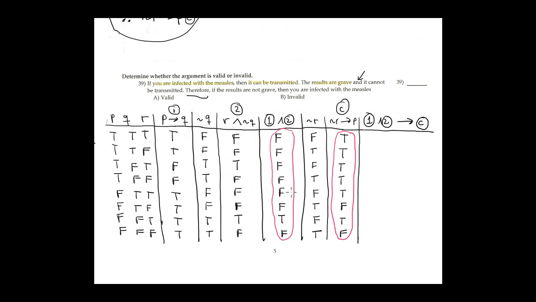The only true we have here is this one, but the conclusion is not false, it's true. So it's true, and the rest of course is true. The result is always true. When it is always true, this is a tautology, and that means that the argument is valid.